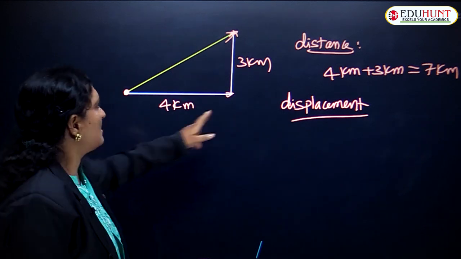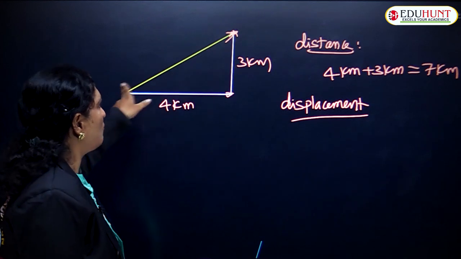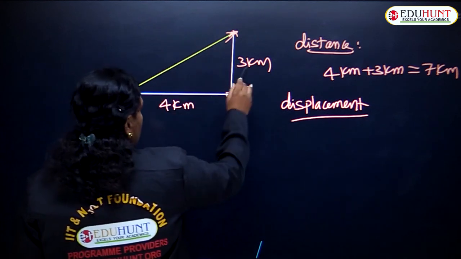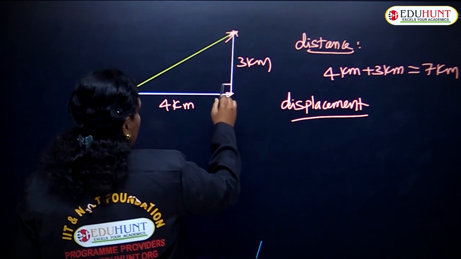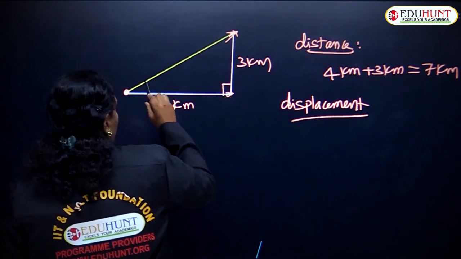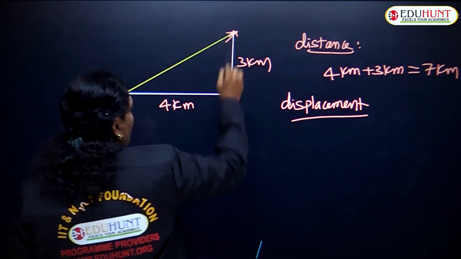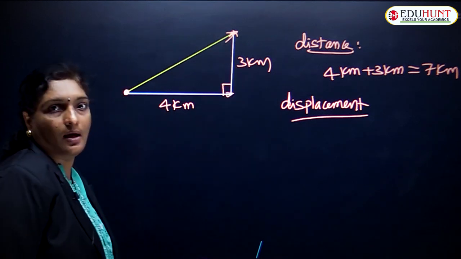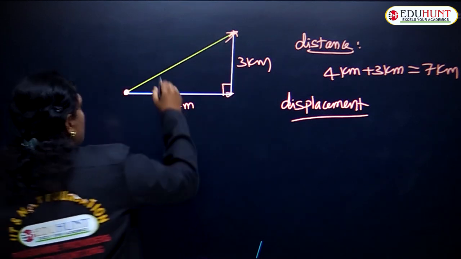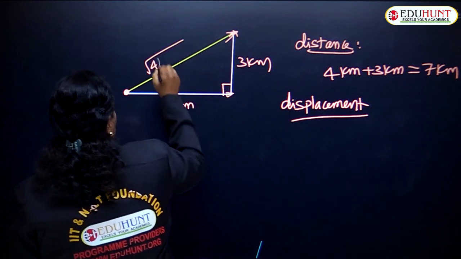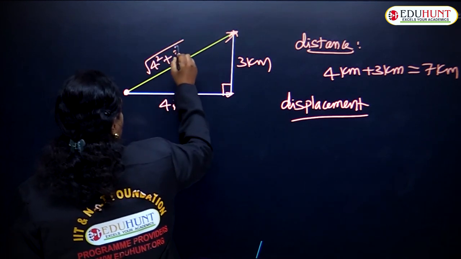So, if it represents a right angle triangle, what would be the length of the displacement? This is 4 kilometers and this is 3 kilometers and this makes a right angle triangle. Hence, applying Pythagoras theorem, hypotenuse square equals the sum of the squares of the two other sides. So, what is this equal to? This is equal to root over 4 square plus 3 square.